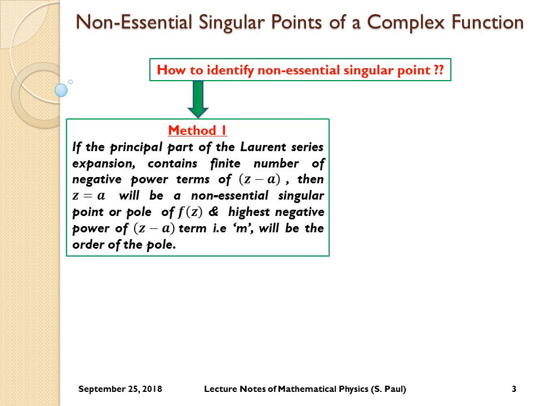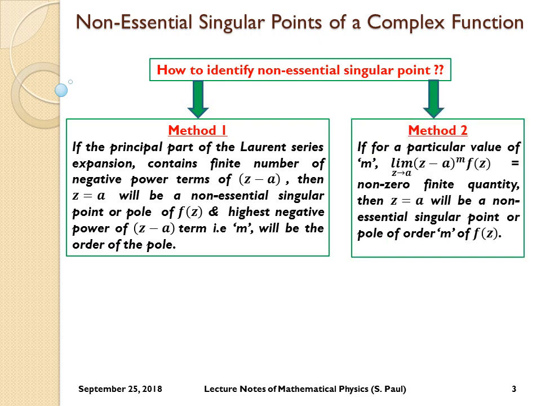The first method is, if the principal part of the Laurent series expansion contains a finite number of negative power terms of z minus a, then z equal to a will be a non-essential singular point or pole of the function, and the highest negative power of z minus a term, that is m, will be the order of the pole.